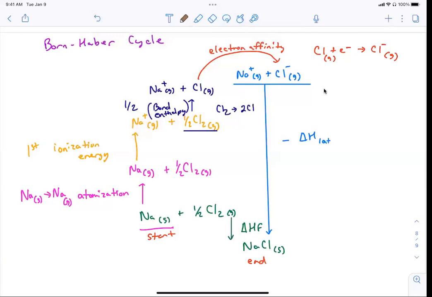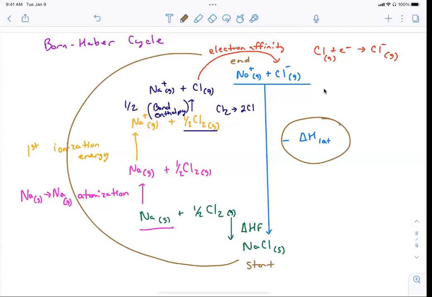Okay. So this is what I'm saying here. Let's say the start and the end are not here and here. Let's say we want to solve for lattice enthalpy. Well, then this would be the start and this would be the end, right? So you draw the arrow going this way, correct? Yeah. So this brown arrow is the same as the blue arrow, net-wise.